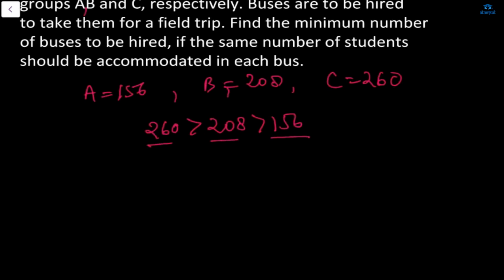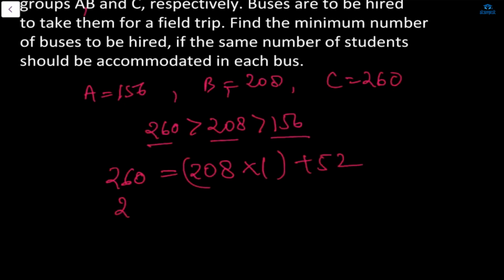So 260 equals 208 times 1 plus 52. The next step, 208 equals 52 times 4 plus 0.